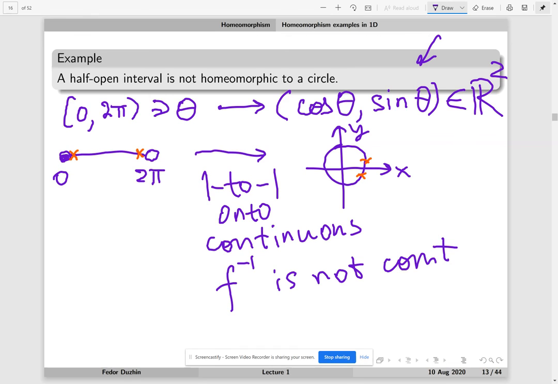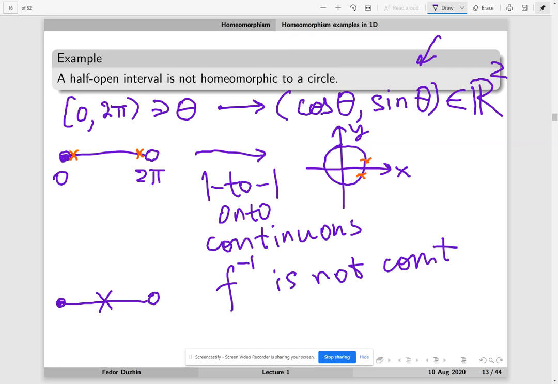So how can we show that something is not homeomorphic to something else? Well, the idea here is, let's look at our open interval. Imagine that you took scissors and cut this open interval somewhere in the middle into two parts.